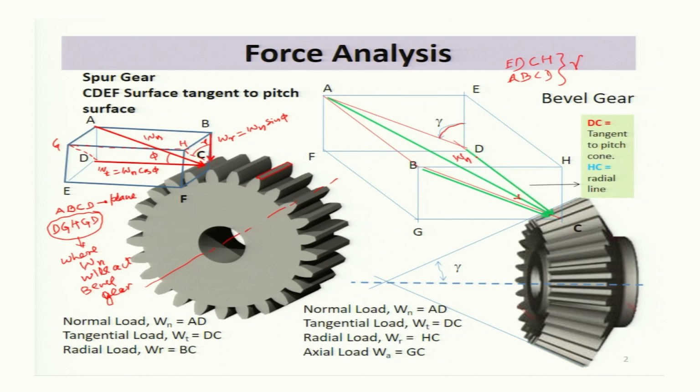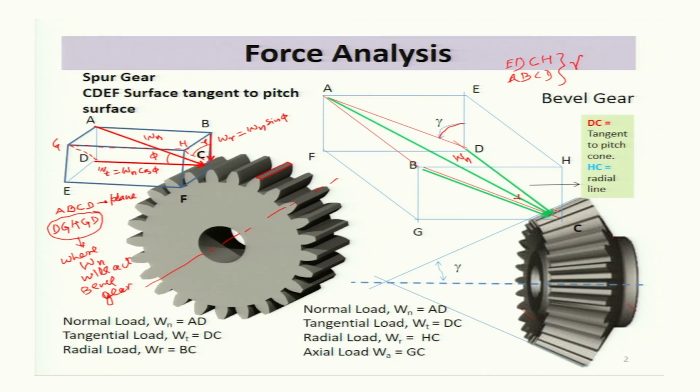So, this is the direction along which, if any force is acting, it will drive the gear, this bevel gear. Well, HC is the radial direction because it is towards the center of rotation of the bevel gear.